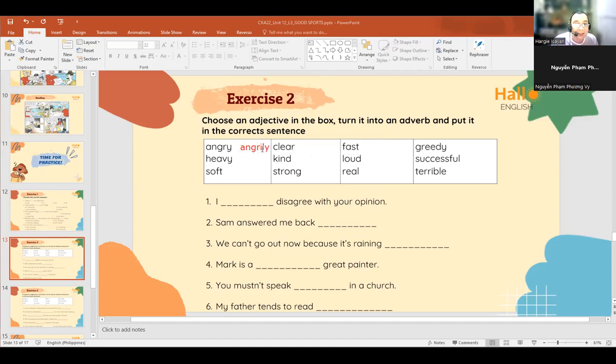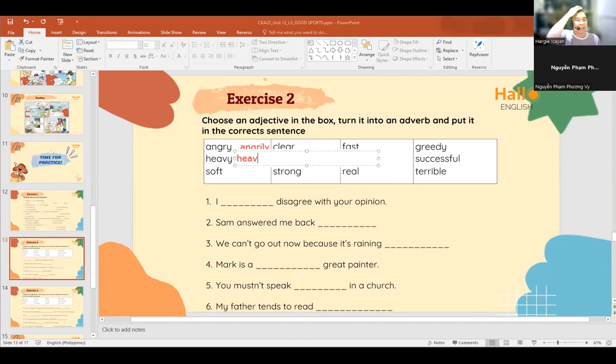right, V? So what we did was we changed the Y into I. Have you seen the presentation, V? Okay. So angry becomes angrily. What about when we say heavy? So it becomes heavily, right?